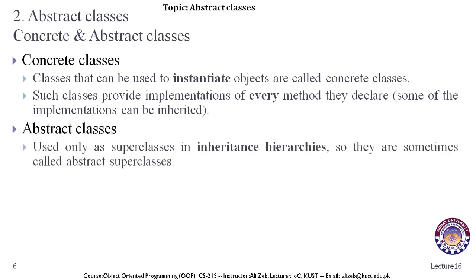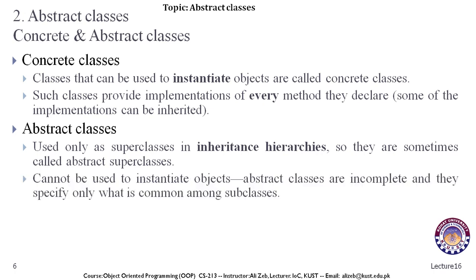An abstract class is used only as a superclass in inheritance hierarchies. So an abstract class will always have a subclass. An abstract class is not complete without a subclass. Used only as superclasses in inheritance hierarchies, they are sometimes called abstract superclasses.